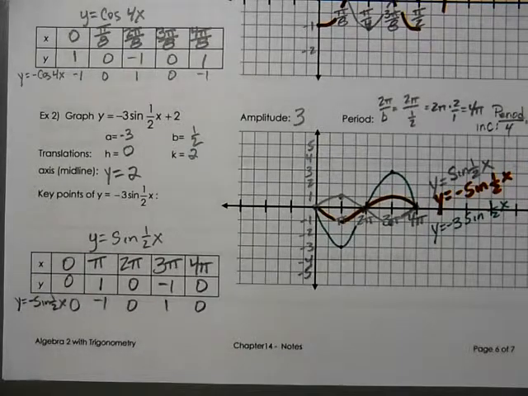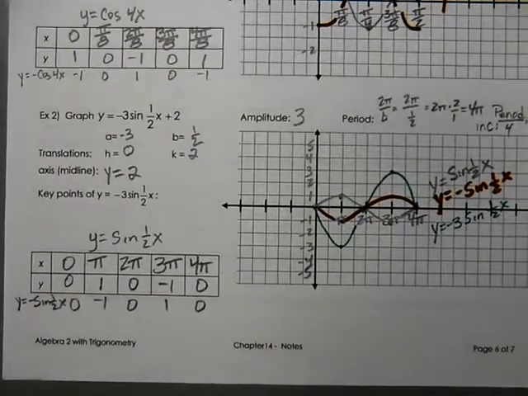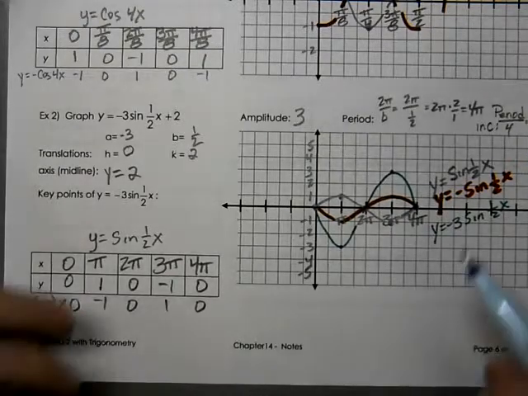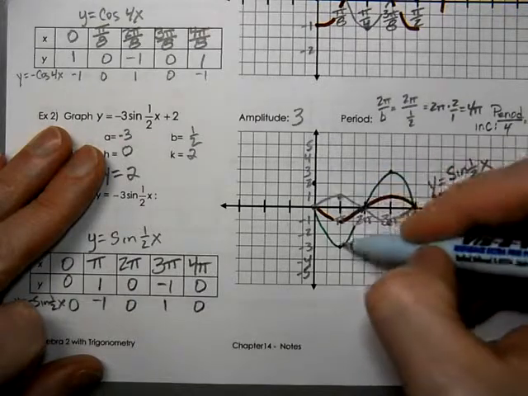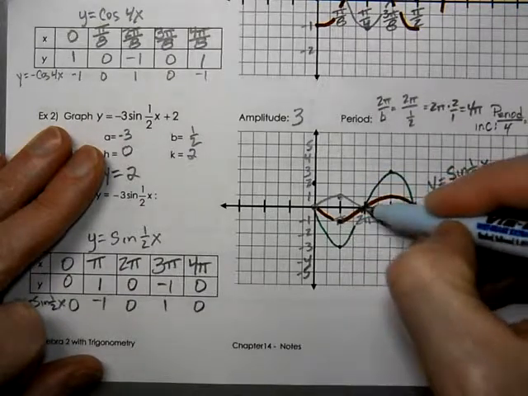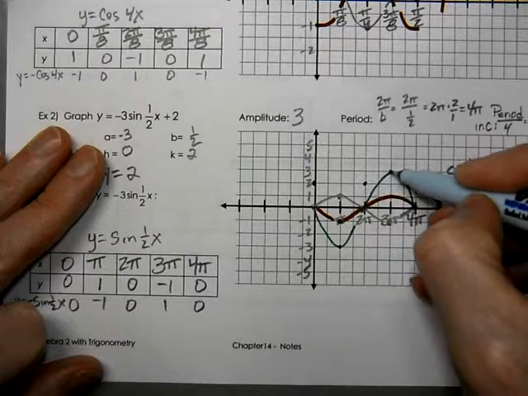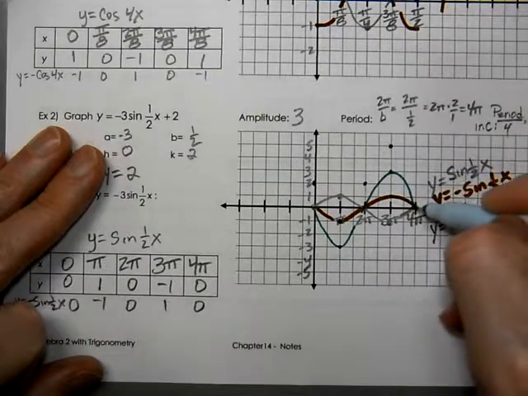Then with that graph, what we have left is our translation. We're going to slide this graph 2 units up. So we're going to take every one of these and go up 2 units. Each of these critical points climbs up 2 units.